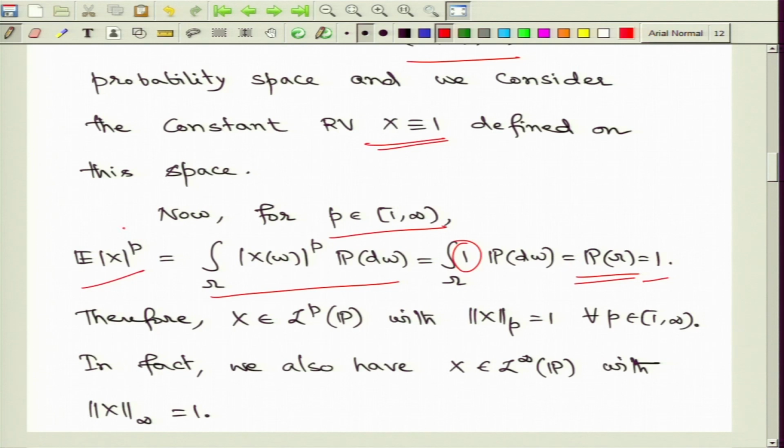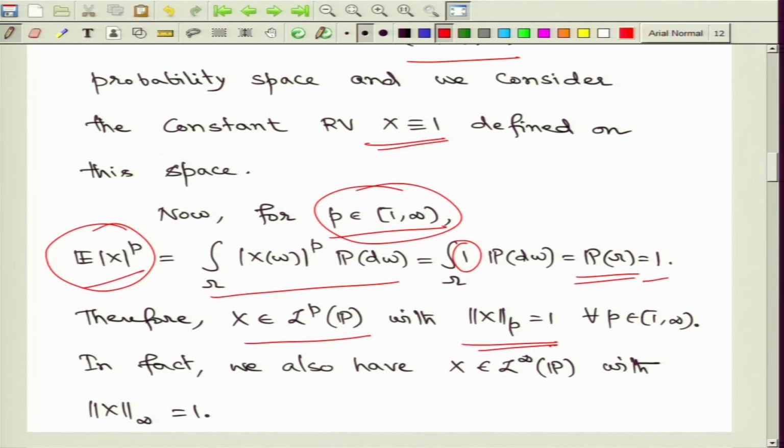Therefore, this integral value of mod X to the power p becomes 1 for all possible values of p as we considered here, and therefore, X must be in L^p, and moreover this quantity is actually equal to 1.